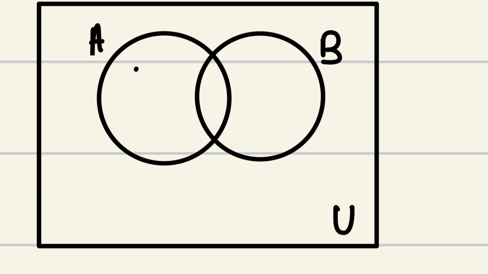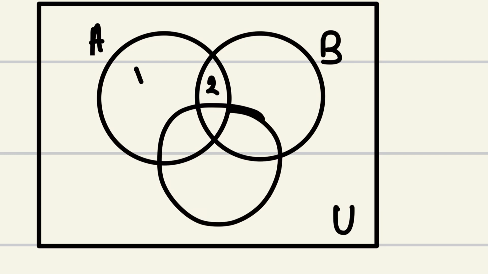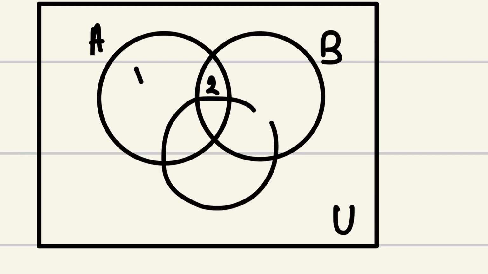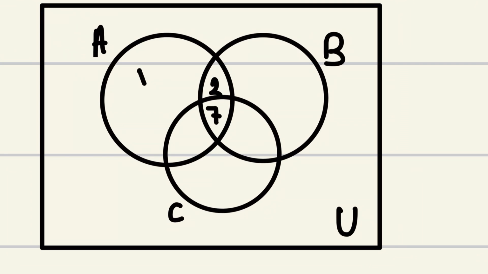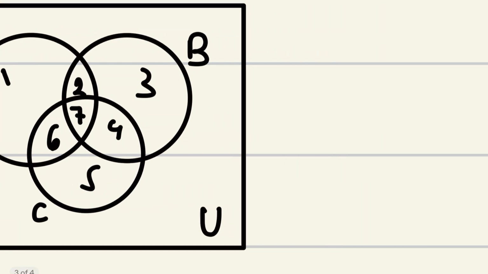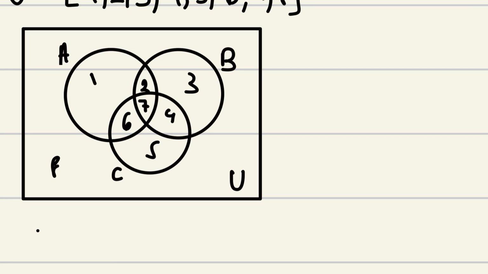And then suppose I put 1 over here, 2 over here, and then let's make another subset as C. And then we have 7 in the center here. 6, 4, 5, 3. I'm just assigning random values over here just to cover all of the integers from 1 to 8. So yeah, we have them all here.